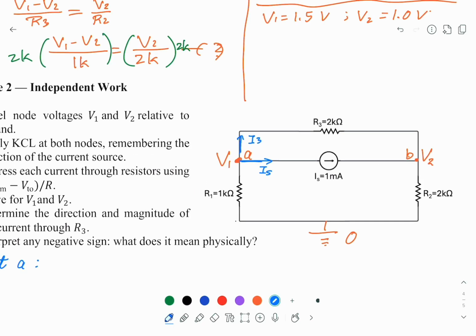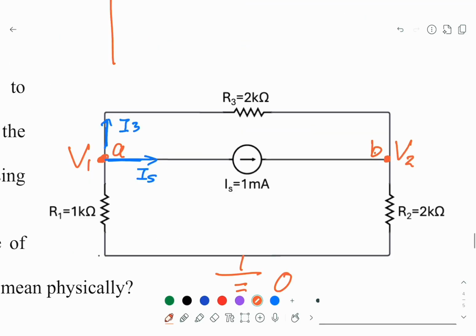For the other node, B, we can see the IS flowing into here, and the I3 will flow into B. So this will be I2, and this is 0, and we can assume there is a current I1 flowing down here as well.